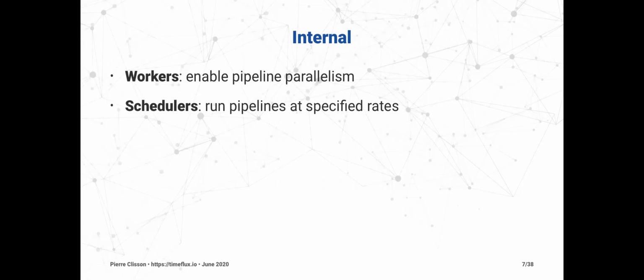So another thing you need to know is that each pipeline runs in parallel. When we have multiple pipelines in an application, each pipeline runs in its own process, and each pipeline runs at a specified rate.